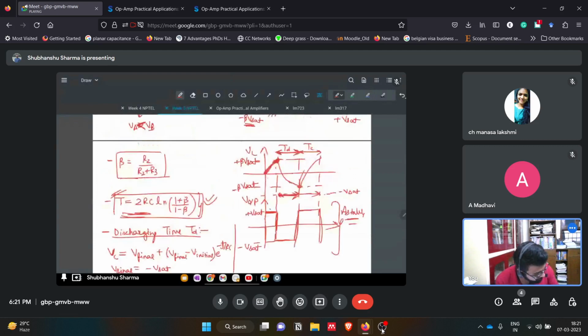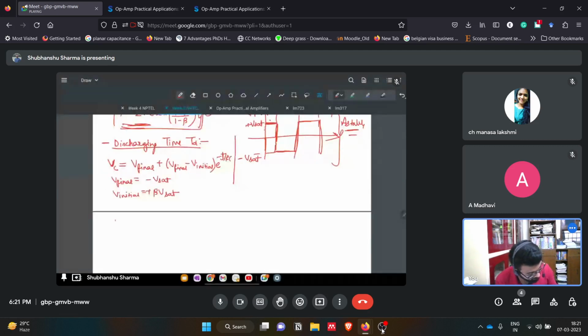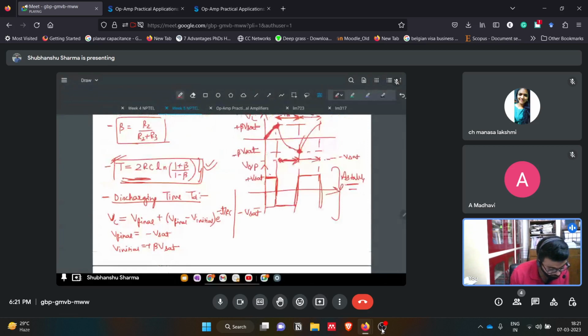Since we have to calculate till this point, the VC voltage here is minus beta V sat.